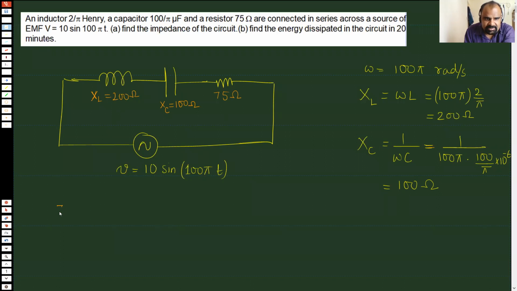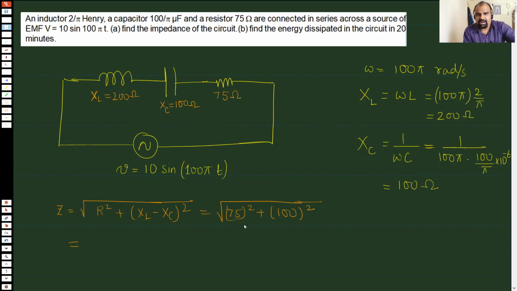Now, obviously, because it's an LCR circuit, the impedance is the root of R square plus XL minus XC whole square. So R is 75, plus XL minus XC, which is 200 minus 100, so obviously 100.